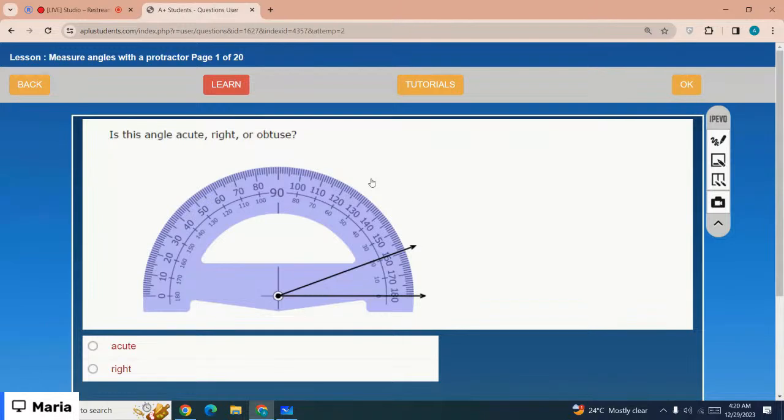For this one, keep the protractor here, so that one of the side lines is aligned with 0. Now go from 0 to here, so 0 to 20, it is just 20 degrees. They are less than 90 degrees, so they are acute angles. The correct option is acute, right?